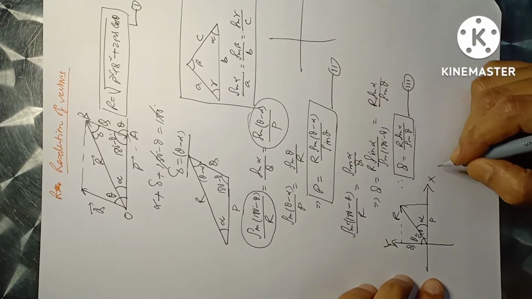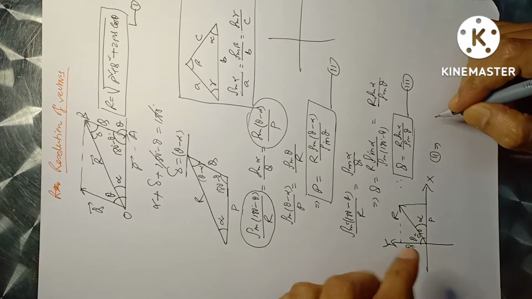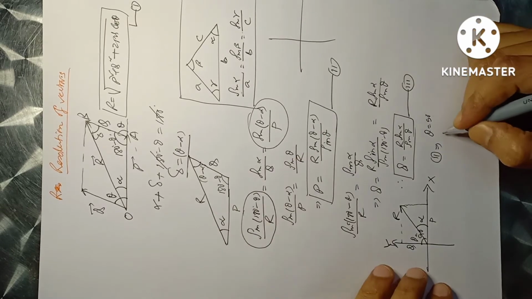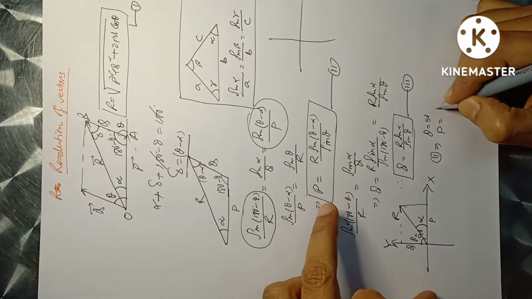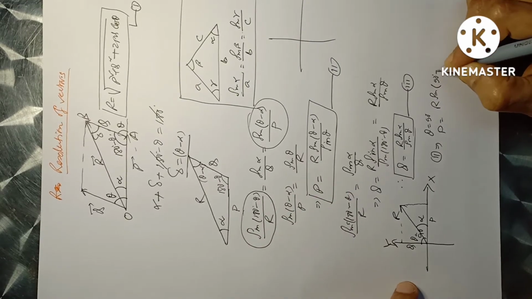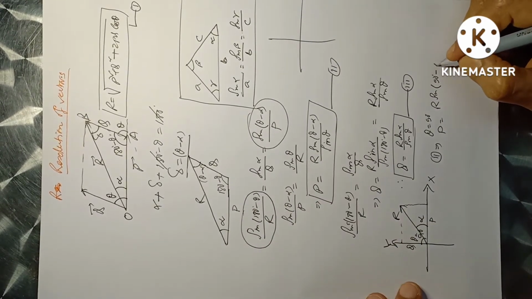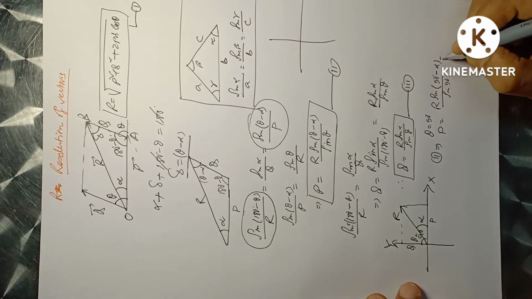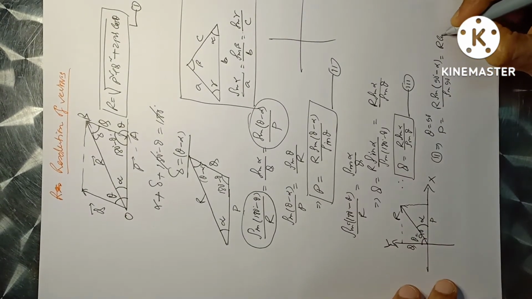From equation number 2, substituting theta equal to 90 degrees, we get p equals r sin of 90 degrees minus alpha divided by sin 90 degrees, which equals r cos alpha.